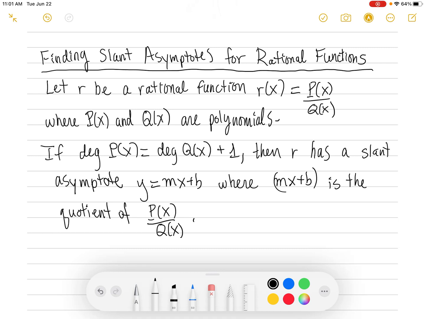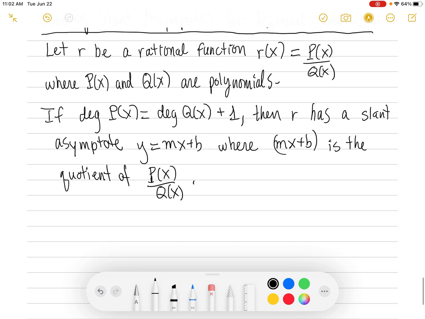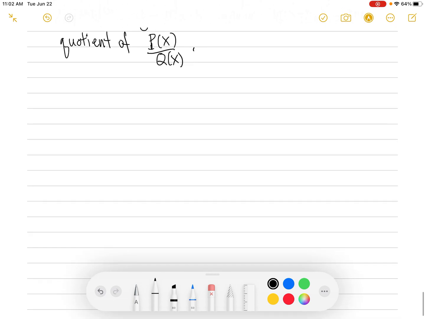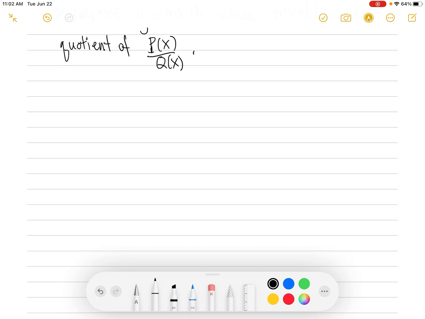Basically, we're going to have to do a long division where we take the top polynomial, divide it by the bottom polynomial, and the quotient of that is going to be this linear y equals mx plus b part. And that's going to give us our slant asymptote. That only happens when the degree of the top is exactly 1 more than the degree of the bottom. So let's do some examples of that.